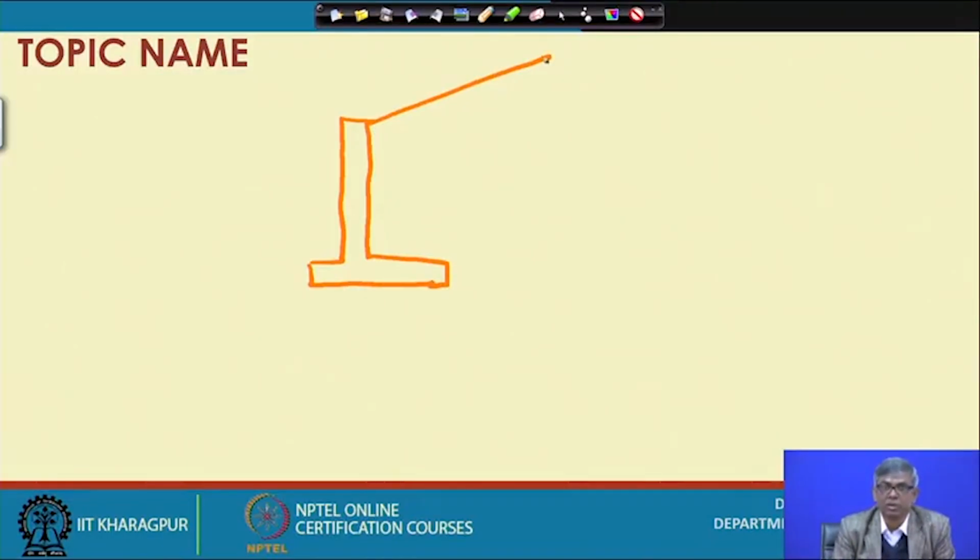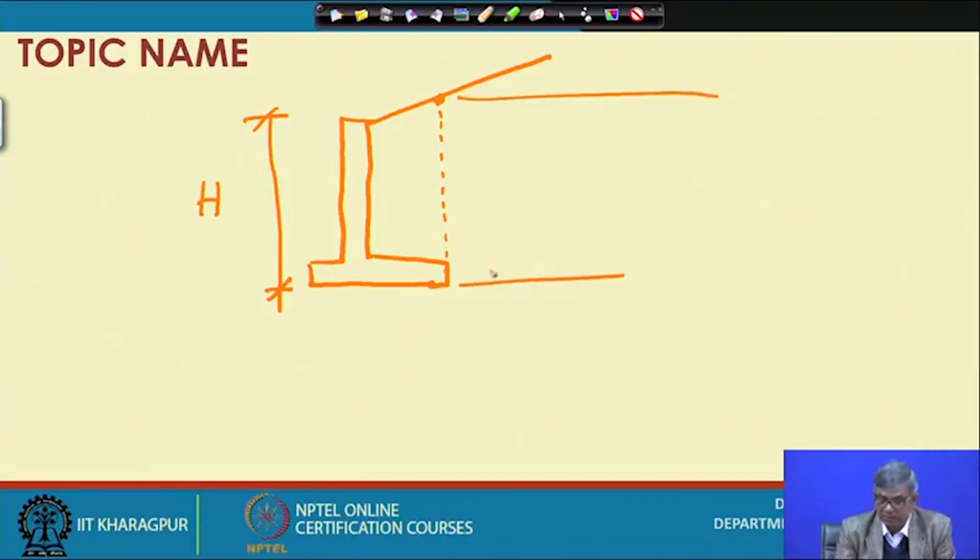Though we do some modification in calculation, what modification do we do? Though the wall height is this, H, in Rankine's theory we do the calculation differently. What we do generally is draw an imaginary line from here, extend it, intersecting this, and then we consider this as the height of the wall.